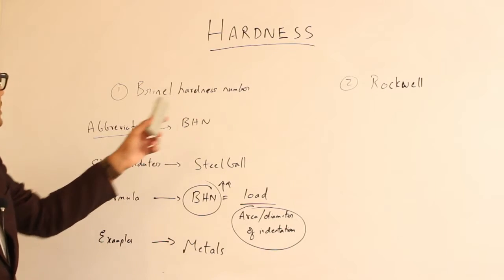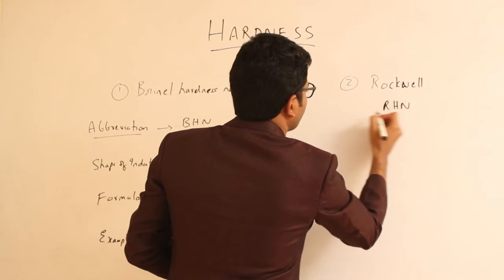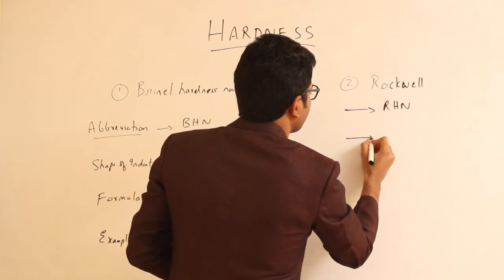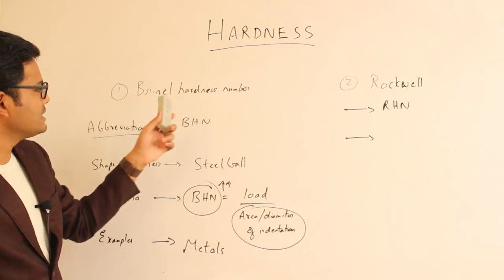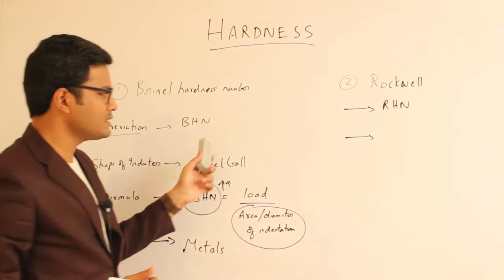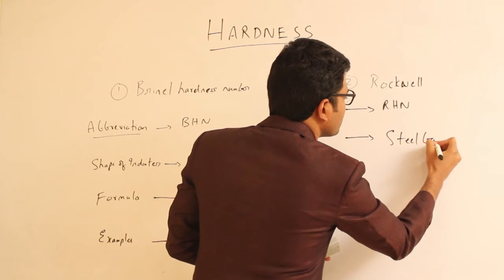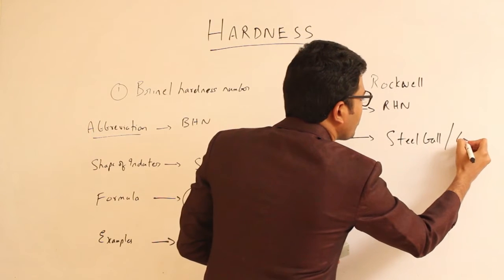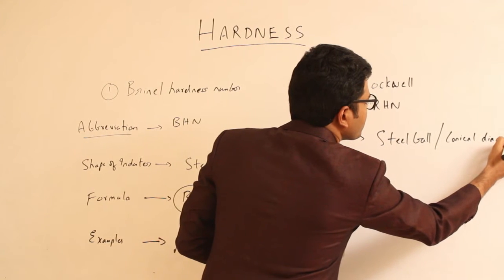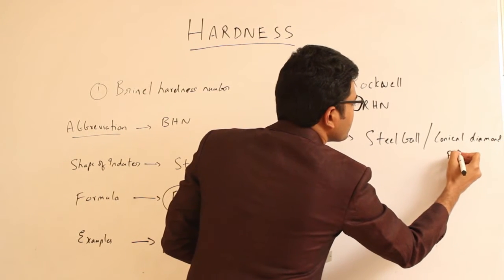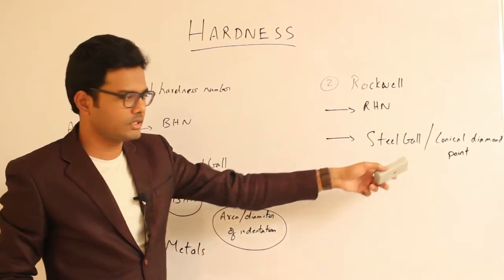This Rockwell hardness is abbreviated as RHN, and the shape of the indenter which is being used in Rockwell hardness is the same as that of Brinell hardness, that is either a steel ball or a conical diamond point. So the shape of the indenter can be either a steel ball or a conical diamond point.